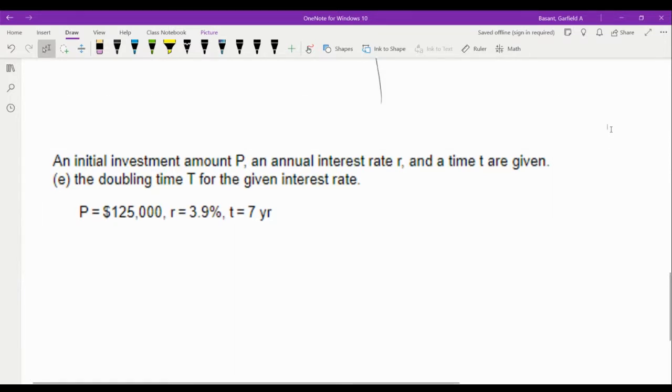Let's talk about some of the applications of these exponential functions. One of the main applications has to do with compound interest and money. So when you put money in the bank, it grows over time at a certain interest rate. When you put your money in, they're going to tell you whatever the interest rate is.